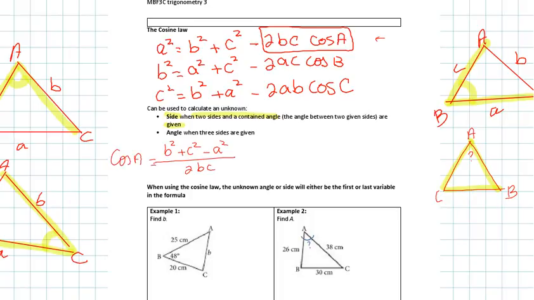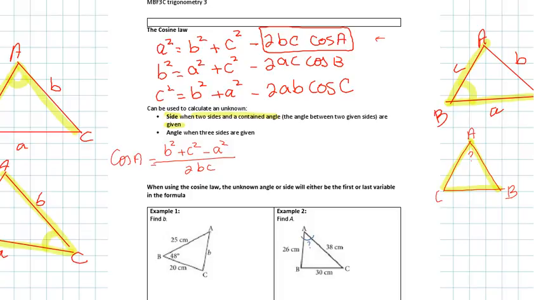To do this, you actually have to move this over and divide by negative 2bc. So move a squared, b squared over, move c squared over, divide by negative 2bc. But because I don't want too many negatives, I change the signs of this. Again, don't worry about how you isolate for it. I'm never going to ask you how you isolate for it. You just have to know which formula to use.